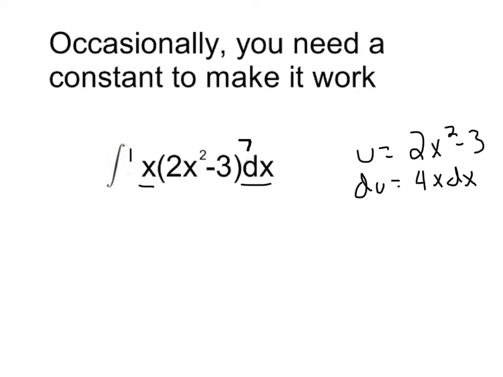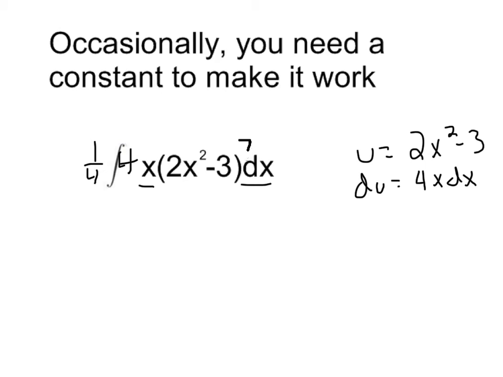I can multiply the inside by 4 to get that 4x dx as long as I multiply the outside by 1/4. Because if I multiply the inside by 4 and the outside by 1/4, I essentially multiplied that integrand by 1.